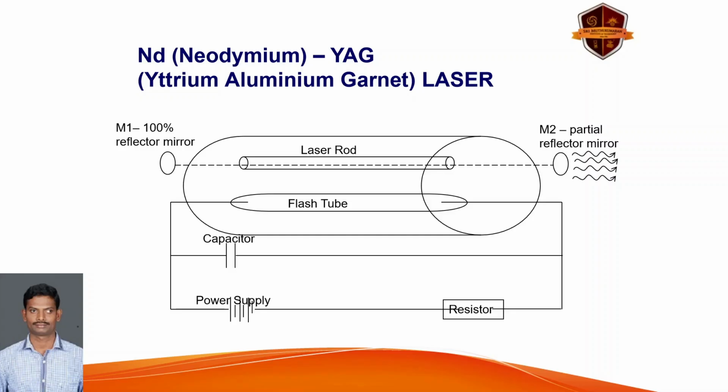A close optical coupling is made by placing a xenon flash lamp, usually xenon or krypton, near the laser rod in such a way that most of the radiation from the flash tube passes through the laser rod due to the elliptical cavity. The flash tube may be switched on and controlled with the help of a capacitor. The discharge of the capacitor is initiated using a high voltage source.